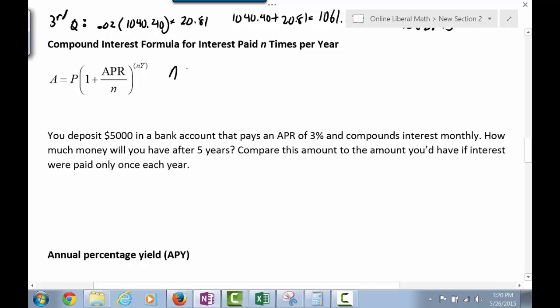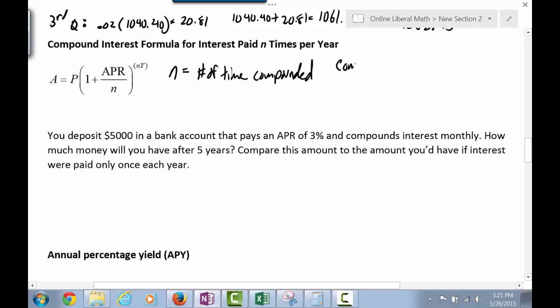N is a new variable for us, and that's the number of times compounded. And then Y is still yearly. So just a couple of common values of N that you might hear.